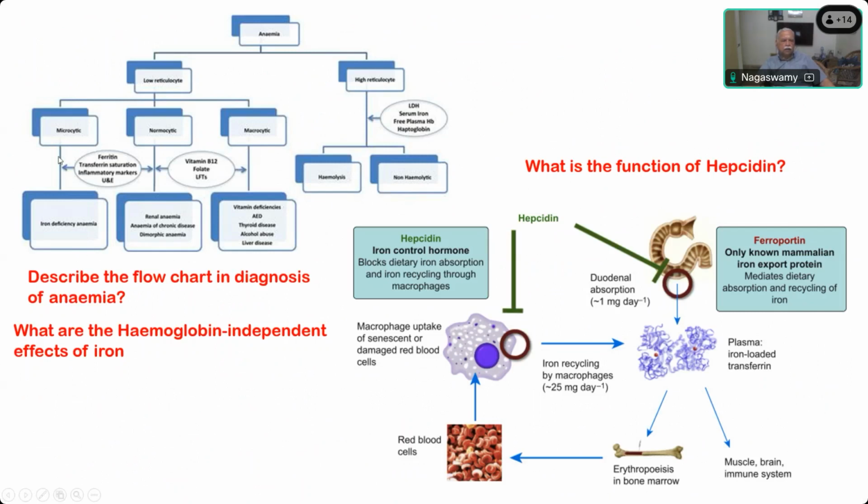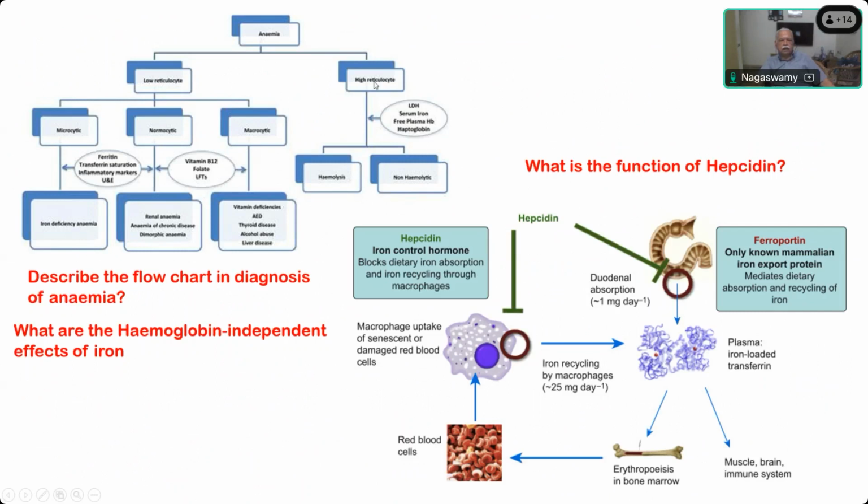And then if it is microcytic, iron deficiency anemia. If it is normocytic, it may be renal anemia, anemia of chronic disease or dimorphic anemia. If it is macrocytic, vitamin deficiency, thyroid disease, alcohol abuse and liver disease. So it is very easy to find out the etiology by using this flow chart.